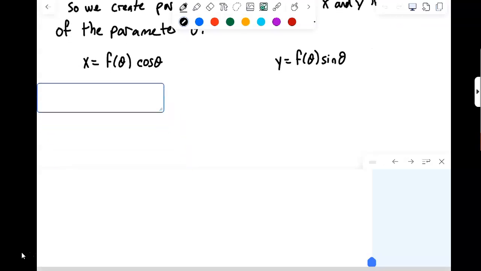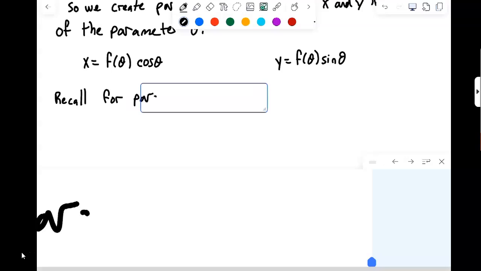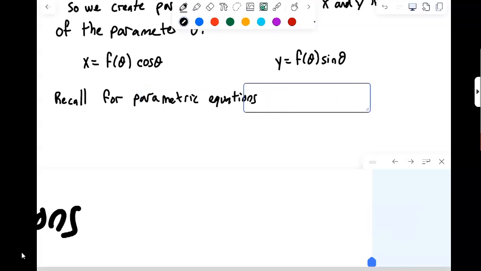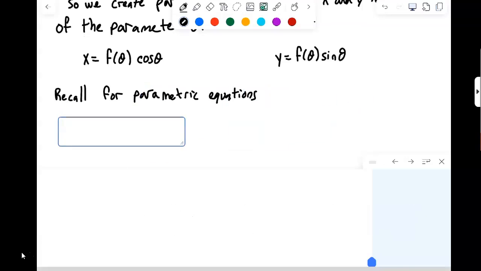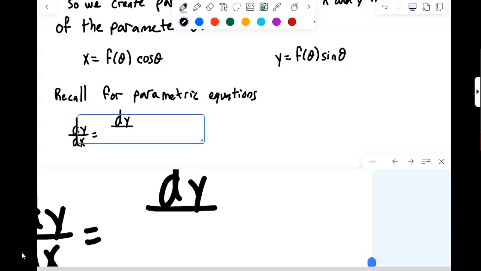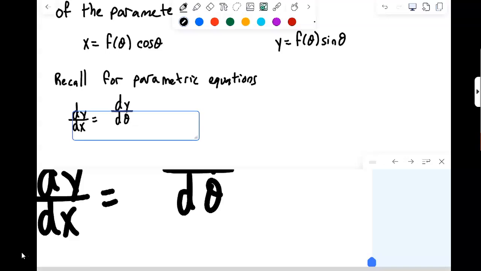So recall, for parametric equations, dy/dx is dy/dt over dx/dt, where t was our parameter.